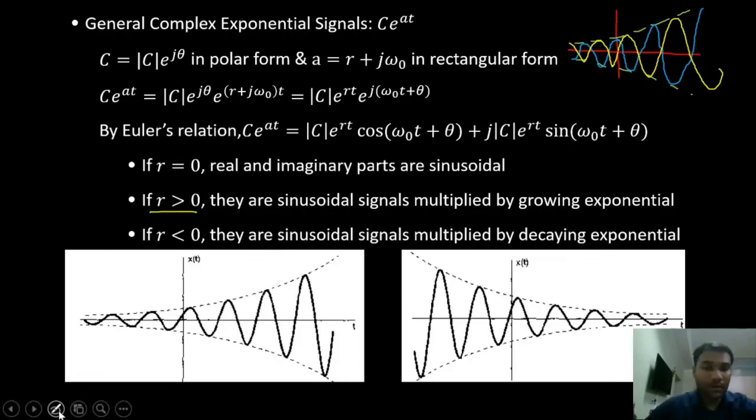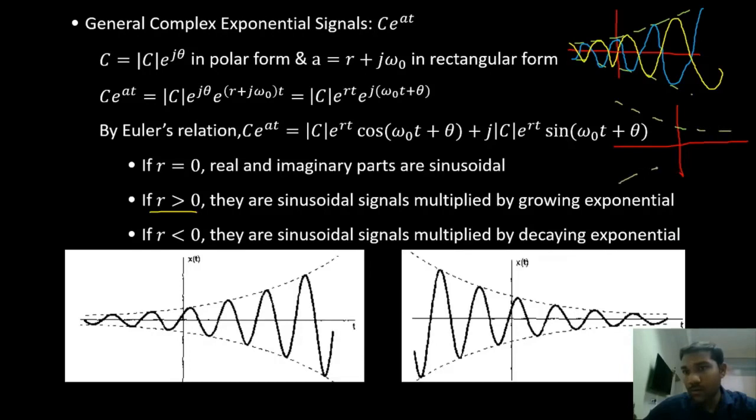Now what will happen if r is less than 0? If r is less than 0, this is a decaying exponential. So let me take a decaying exponential on both sides. Right?